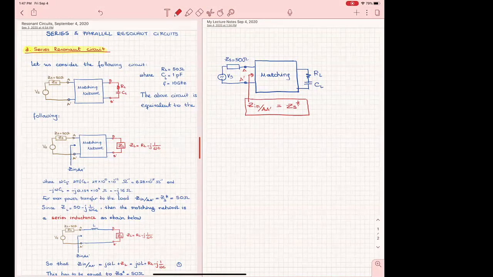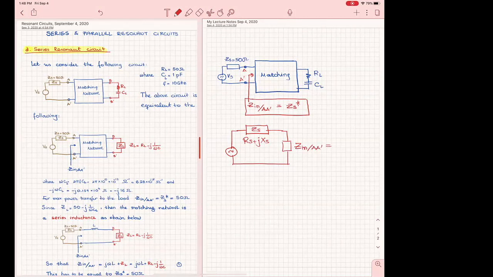It cancels if it's the complex conjugate of your source. So let's assume your source here had a real part and an imaginary part, Rs plus jXs, which is possible because in reality, it is that practically.